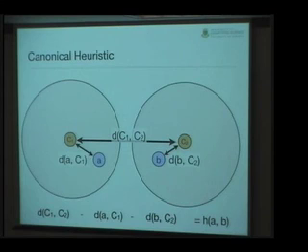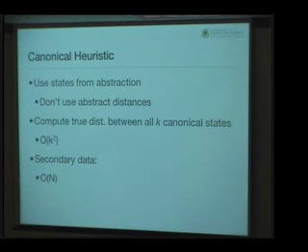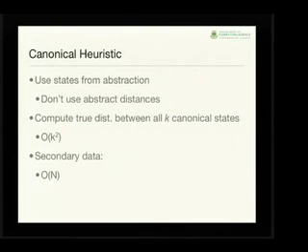So the key here is that we're using states from something that looks like an abstract state space, but we're not using abstract distances. It takes O(k^2) memory for keeping the canonical states and the distances, and then the secondary data is O(n), exactly 2n, because I need to keep which is the closest canonical state and what my distance to it is.